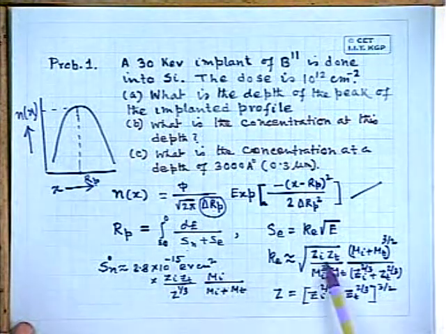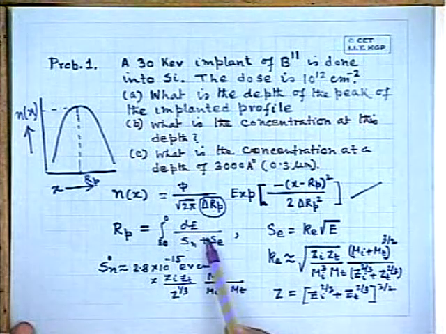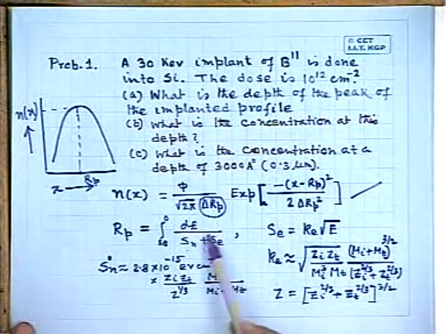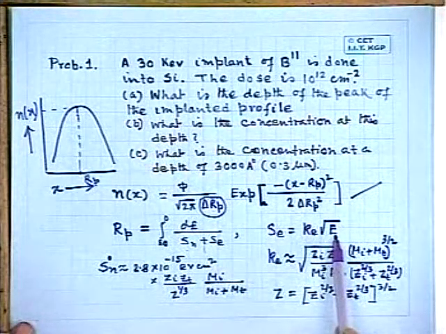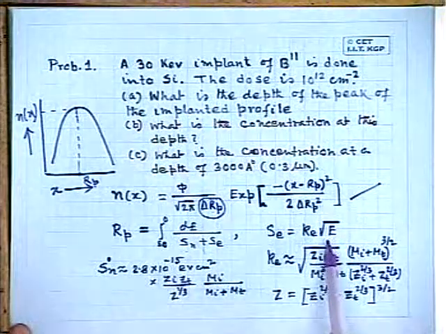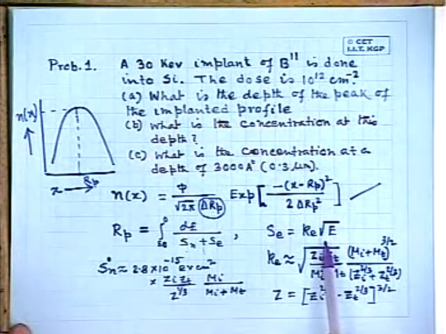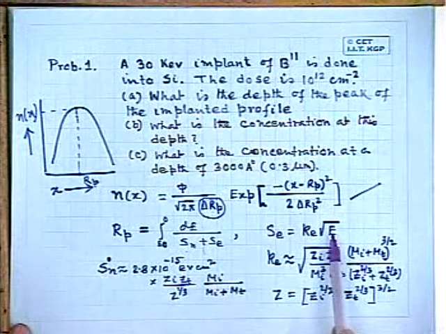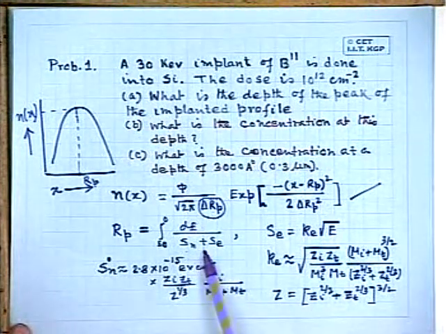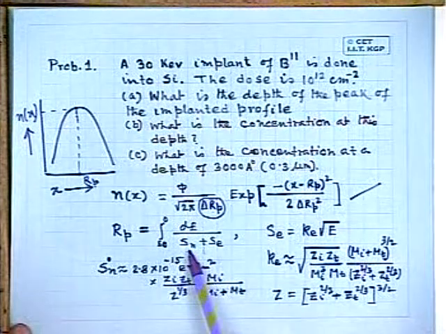This is Ke. Electronic stopping is a strong function of energy. I mentioned that point also. And nuclear stopping is a weak function of energy.